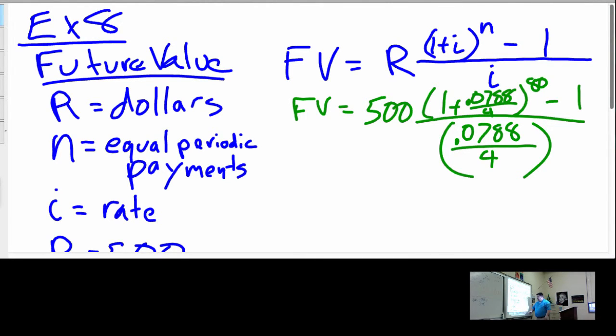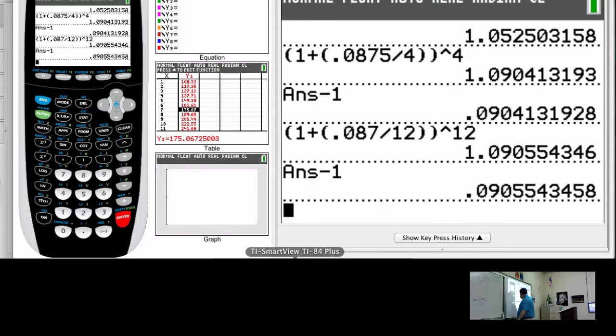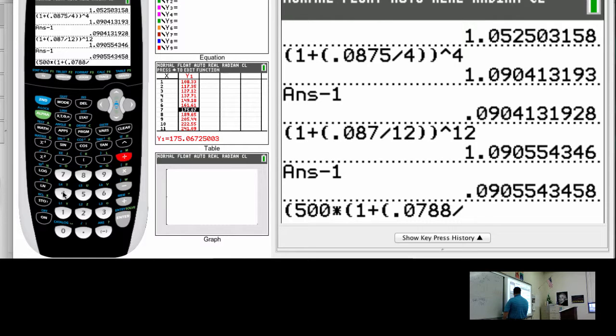Okay. So now I got to plug it in the calculator. Now you can do all of this at one time in the calculator, but it's a little tricky. The 500 goes in the top. So I'm going to start a parentheses. This is the numerator of my fraction. So I've got 500 times, in parentheses, 1 plus, in parentheses, 0.0788 divided by 4.